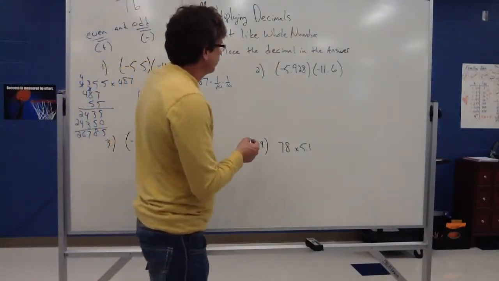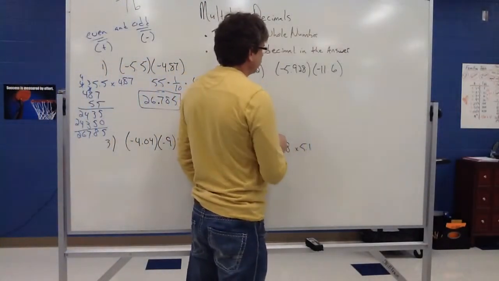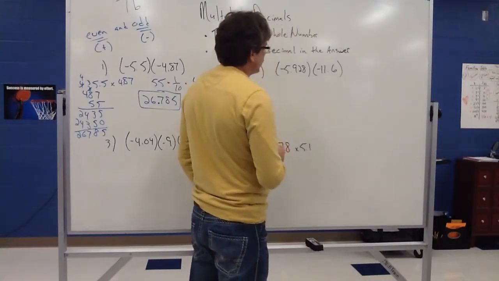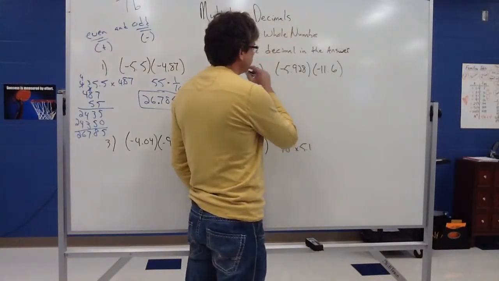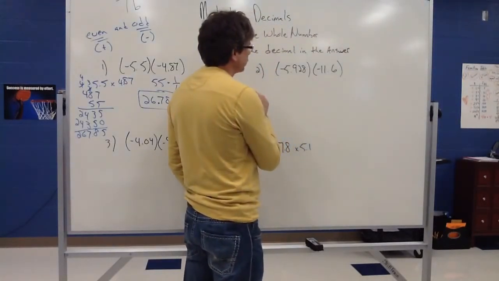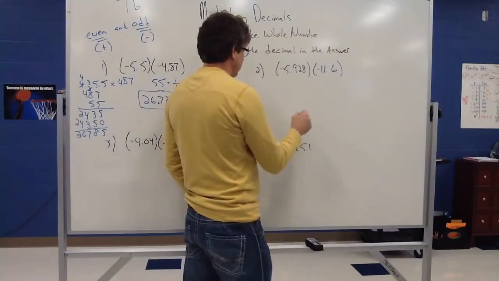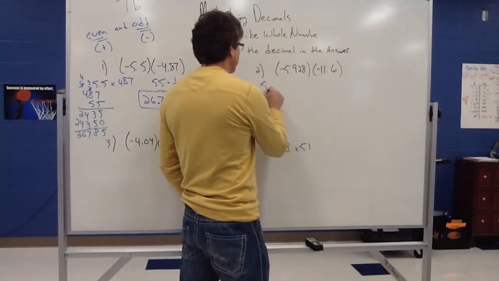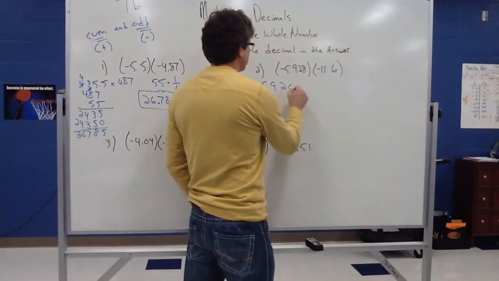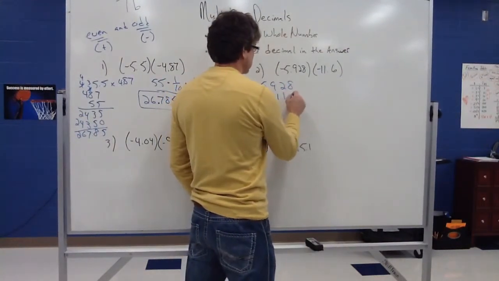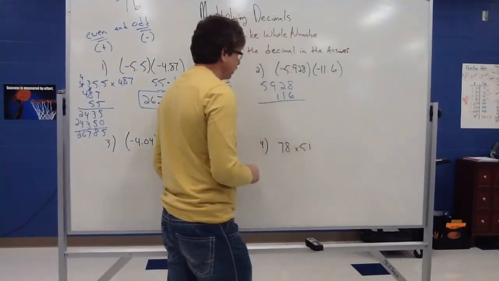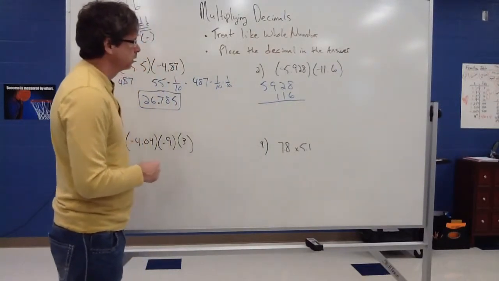So when I come to question number 2, the way I can do this is I can actually go 116 times 5,928. So that may take a little bit of math here. So 5,928 times 116. That's really the math that we're looking at.